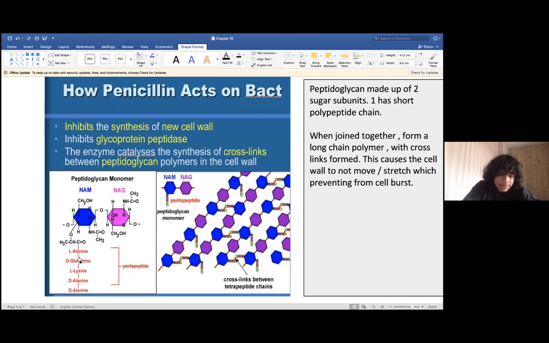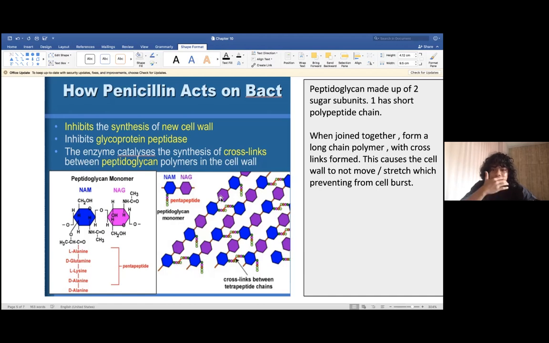As you can see over here, this is the short polypeptide chain. You don't have to know the name of this, by the way. When these are joined together, they form a long chain polymer with cross links formed. This colorful thing is the cross links.